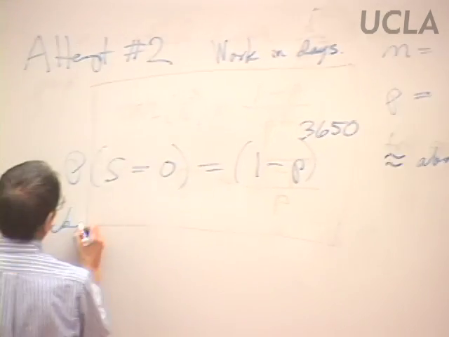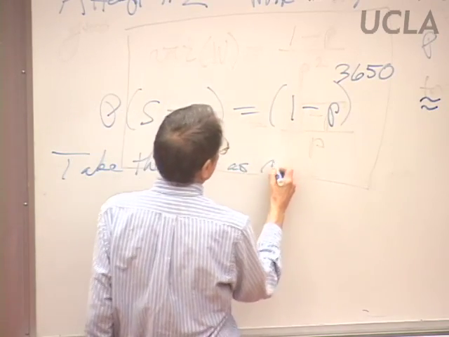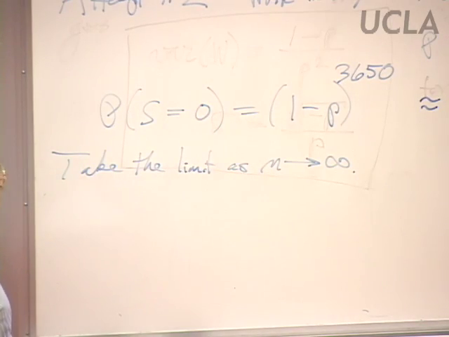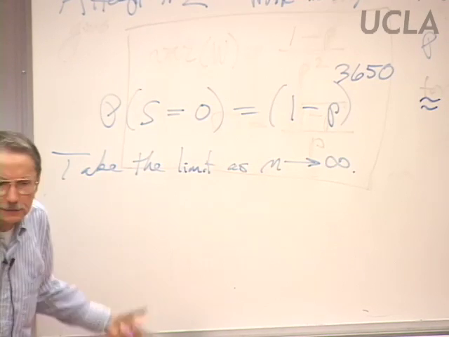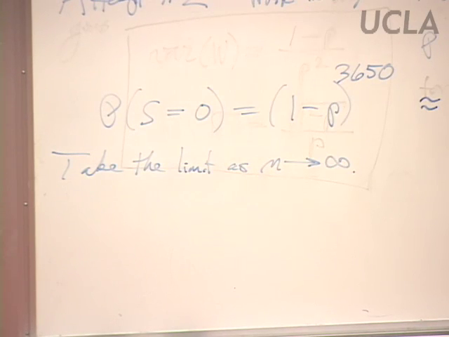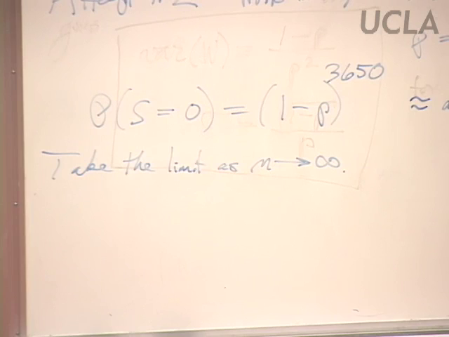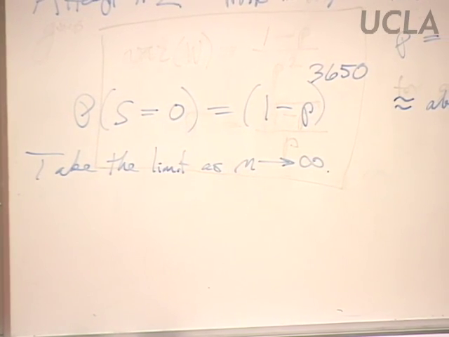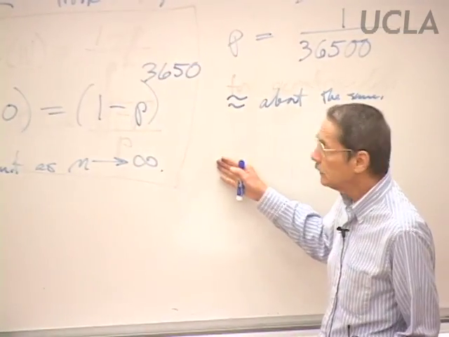Here's our plan. We're going to take a limit as n goes to infinity. That is, instead of working in years, or days, or minutes, or seconds, we'll think of this as continuous trials. It's just something ongoing, and the earthquake could hit at any instant.